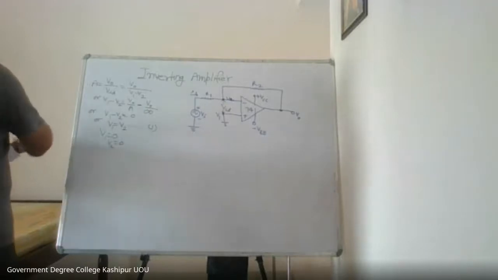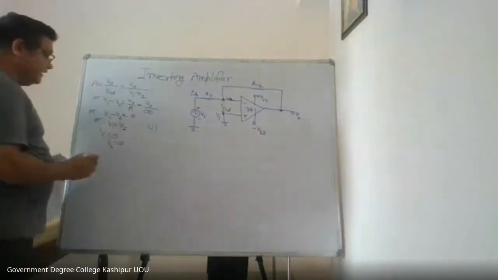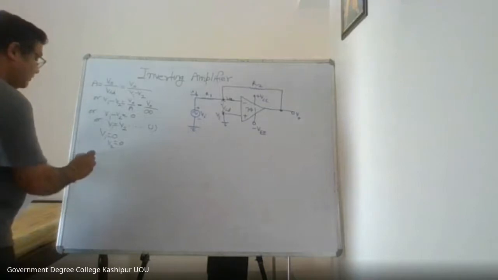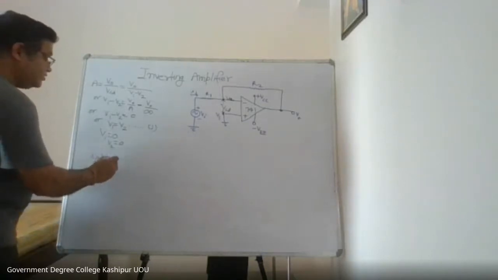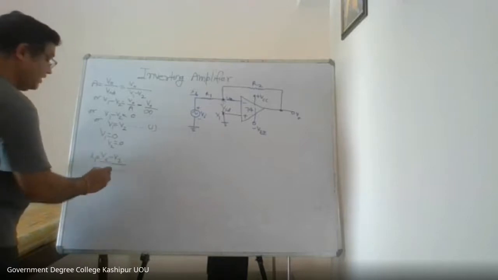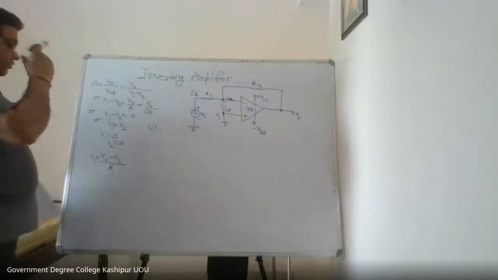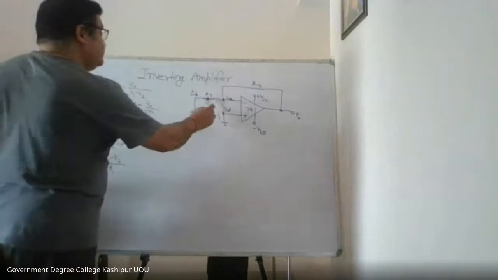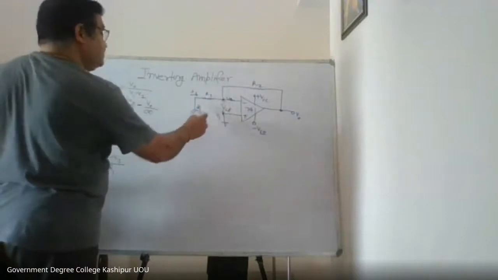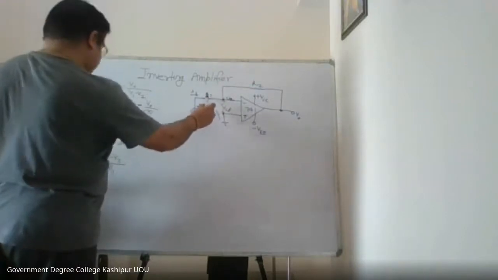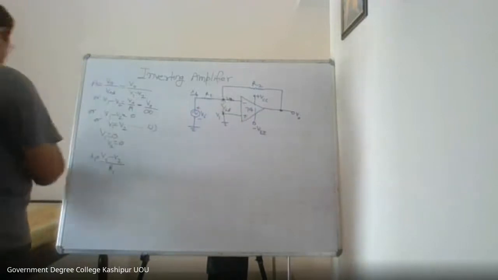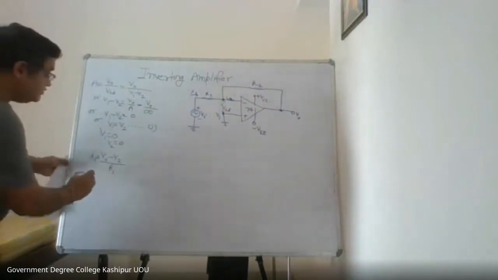Now, using Ohm's law, I1 equals Vi minus V2 upon R1. We are using Ohm's law. I1 equals the difference Vi minus V2 upon R1.